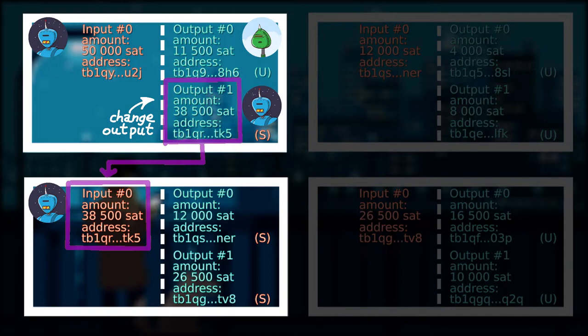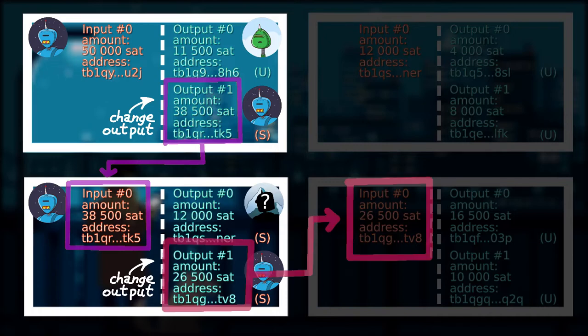But what we do know is that there are bound to be some changes sent back to the sender. If we apply the same logic as our previous transaction, where the change output is positioned as output number 1, then we could safely assume that in this transaction, Q&A sent 12k sat to someone and has 26.5k sat left as change.